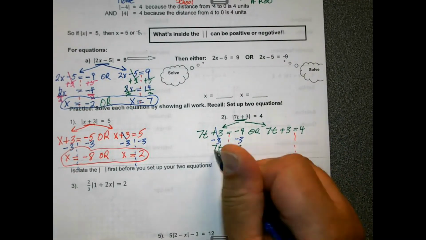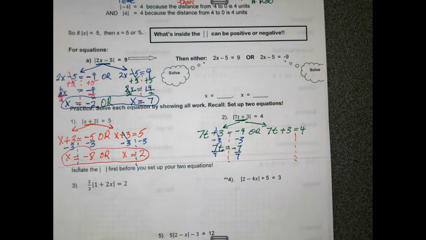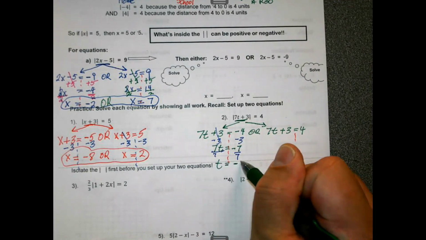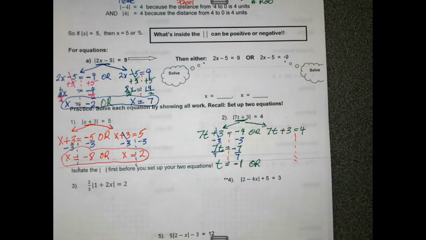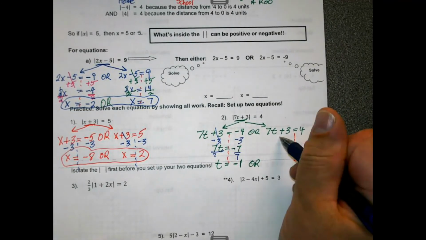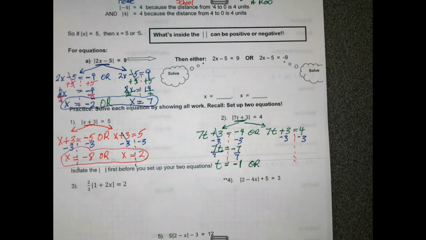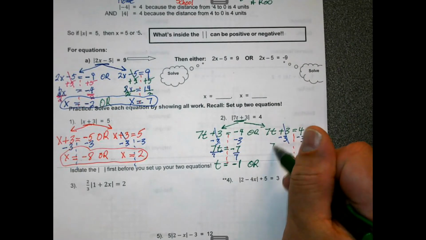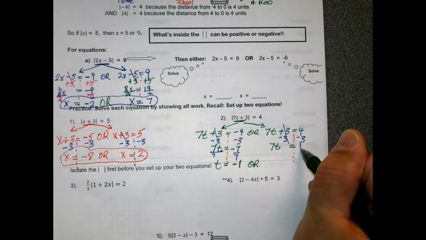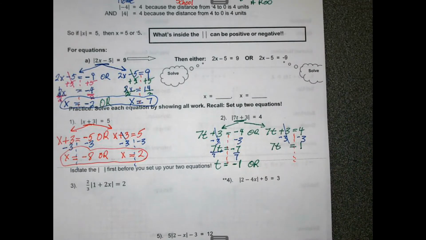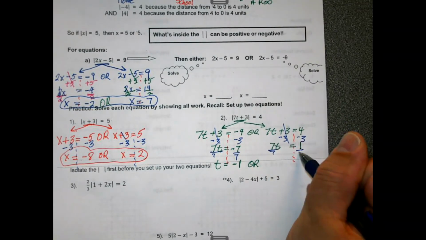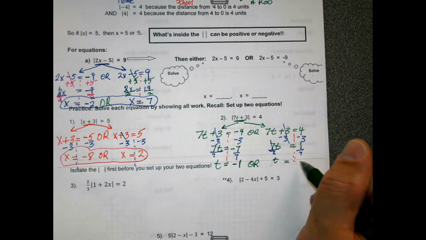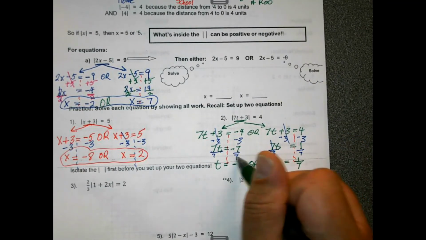And divide by 7. So t is going to equal negative 1, or subtract 3, 7t is going to equal 1, divide by 7, so I'm going to get a fraction here. So t is going to equal 1/7. There's my answer.